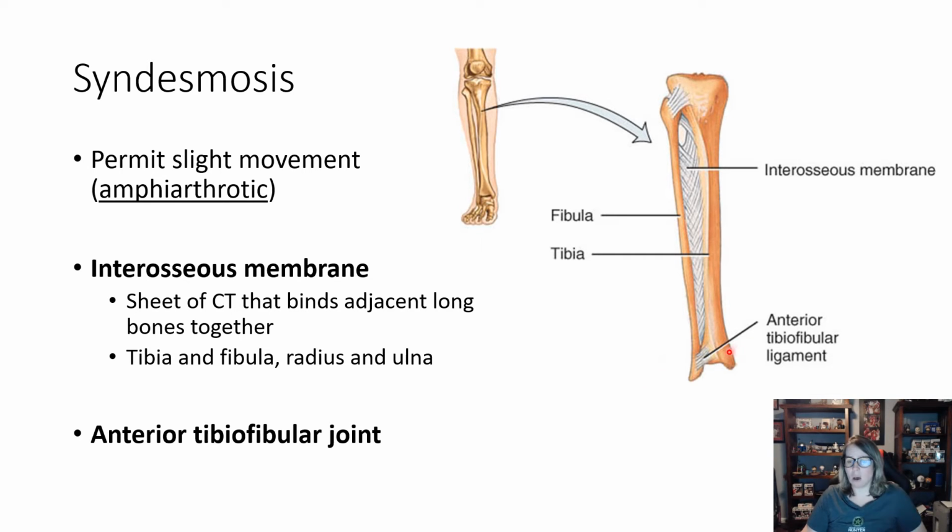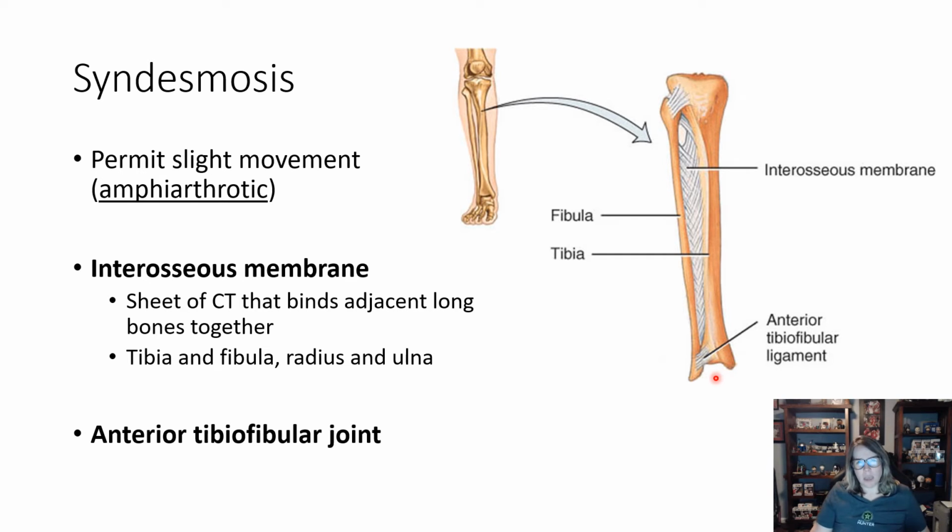Now this guy is called the anterior, because it's at the front, tibiofibular ligament, or the anterior tibiofibular joint. This is basically where your ankle is, and it gives you a little bit of movement, okay? When we're walking, the motion where your foot is going to kind of do this, this is my foot, this is my shin, that articulation happens down here with the talus and the tibia.